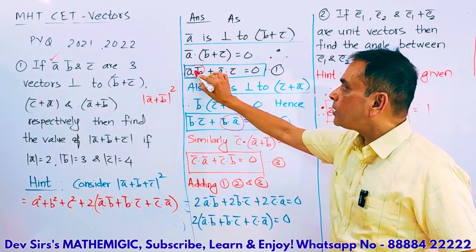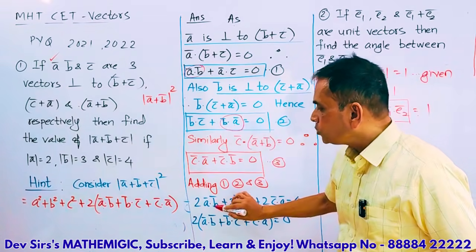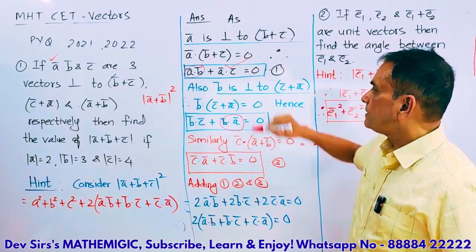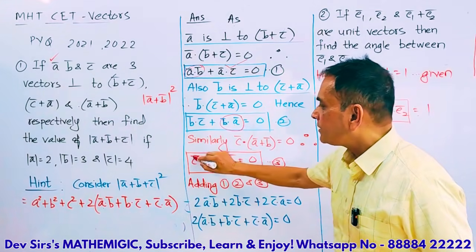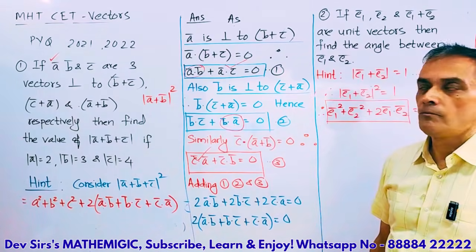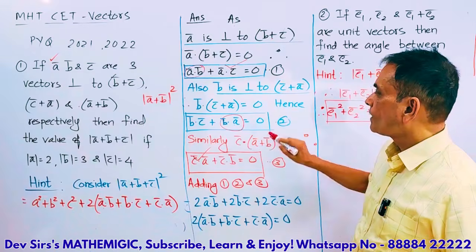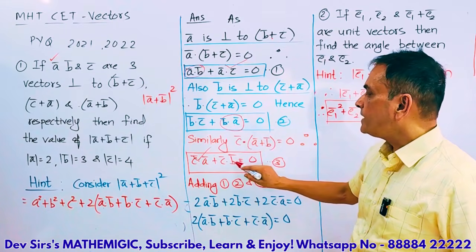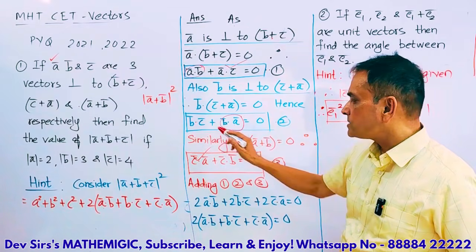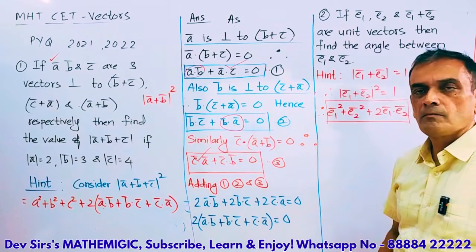So I can say a dot b plus a dot b is 2 a dot b. Then a dot c plus a dot c, or c dot a, is 2 c dot a. And finally c dot b plus b dot c is 2 b dot c.